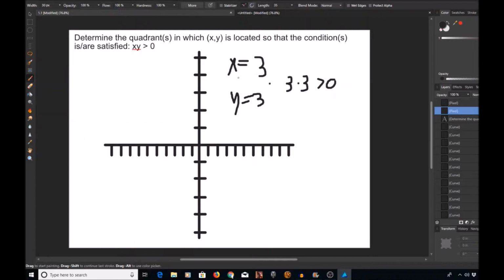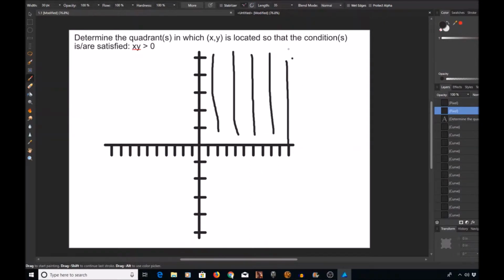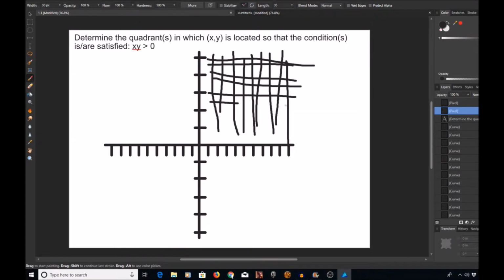So we know for any value in quadrant 1, and you can do this on your own with any value where x and y are both in quadrant 1, x times y will be greater than 0. So we can highlight this section as being true. And I'll just make the intersecting pattern because we know this quadrant to be true right here.